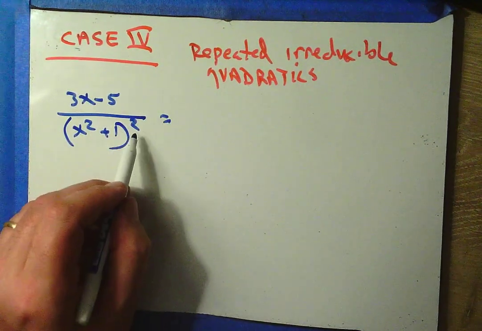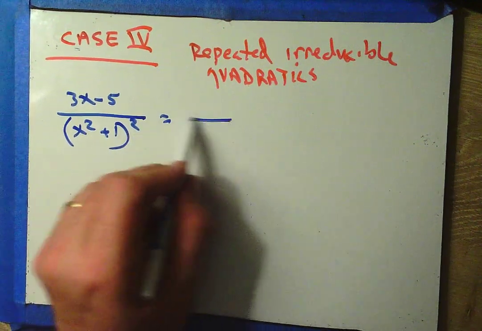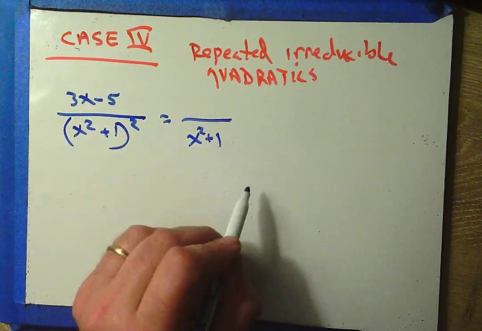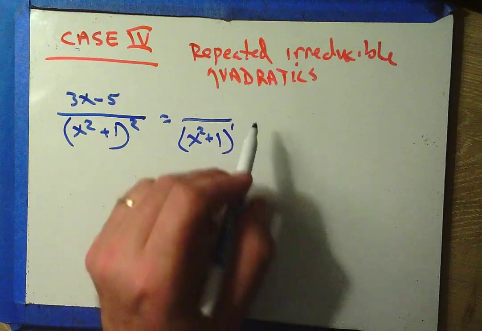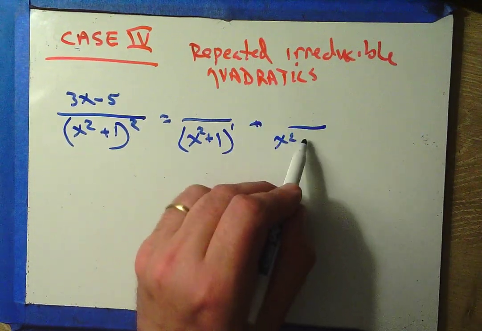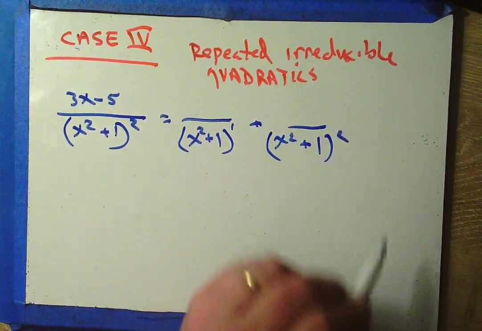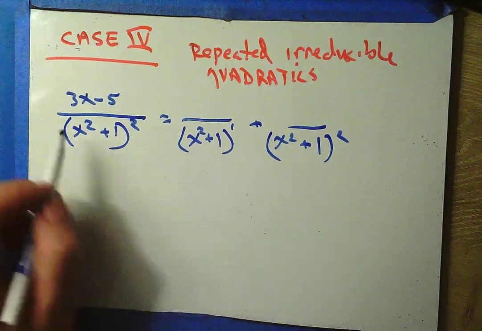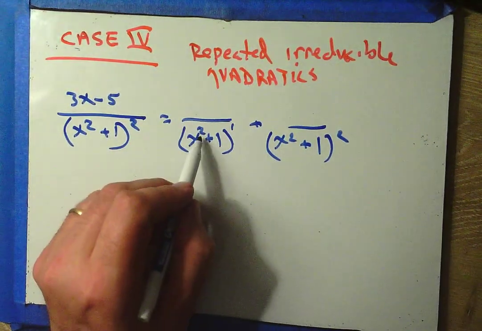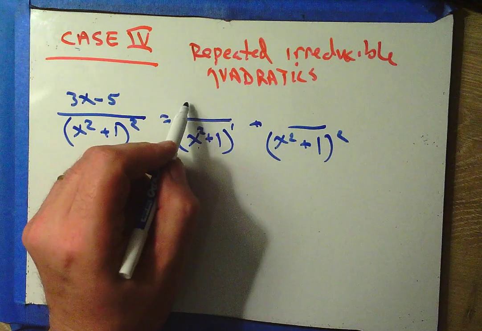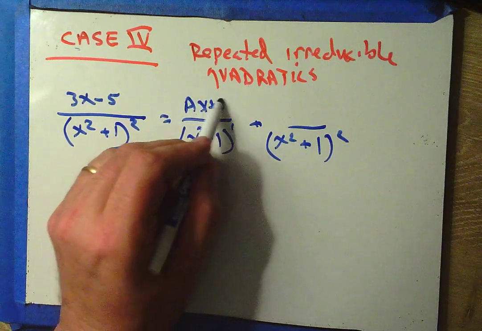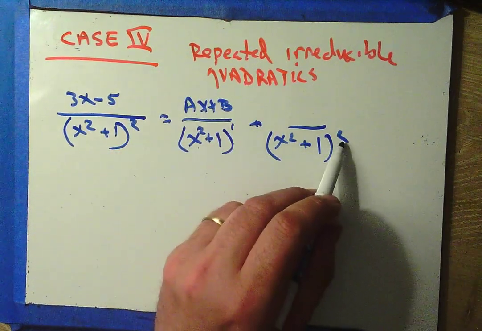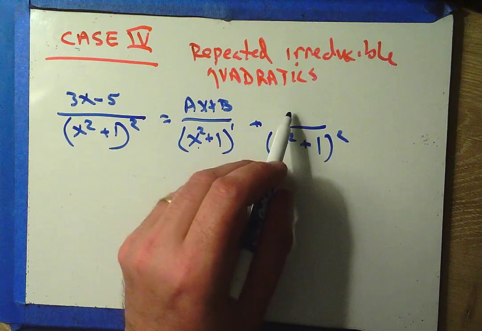So just like in case 2 where I had to represent all the power possibilities, I have to have this one to the first and also this one to the second. And remember, what goes on top is 1 degree less than this factor. So we need ax plus b. And here, I know you're thinking that's a 2. Shouldn't that be x to the third up there?